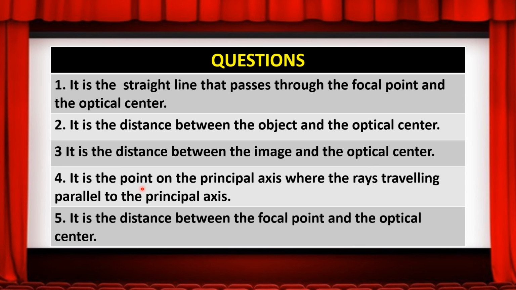It is the point on the principal axis where the rays are traveling parallel to the principal axis. And the last, number 5. It is the distance between the focal point and the optical center. Kindly write the exact word of your answer, not the symbol, but the word.